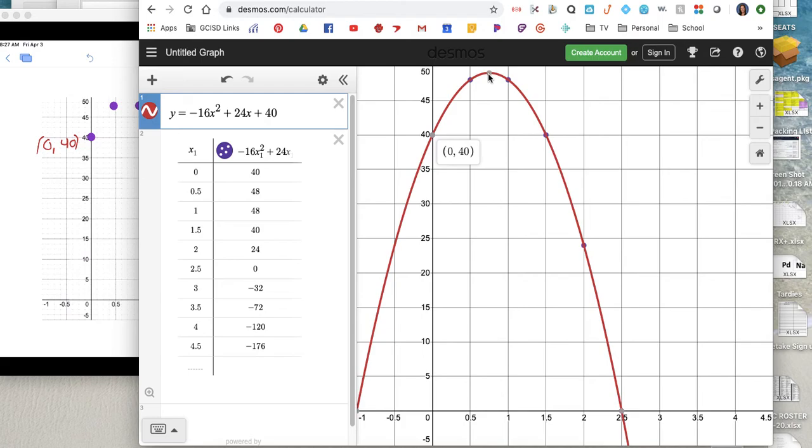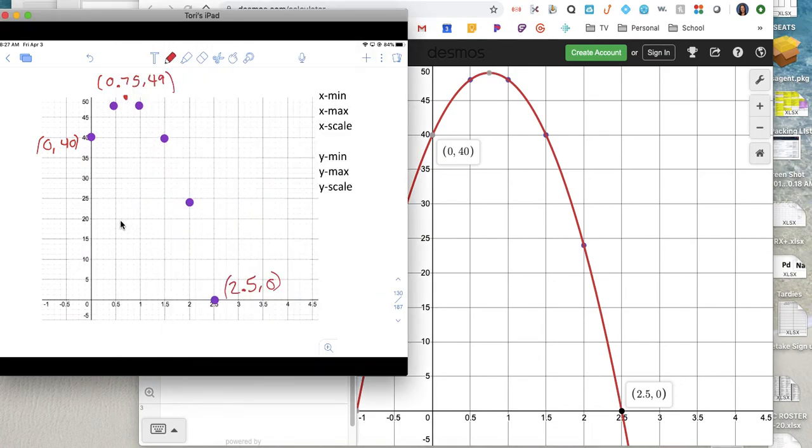If I just click right there, it's going to tell me what that maximum point is, and that way I can write it on my paper. So my point is (0.75, 49). And the last point I need is down here at (2.5, 0).